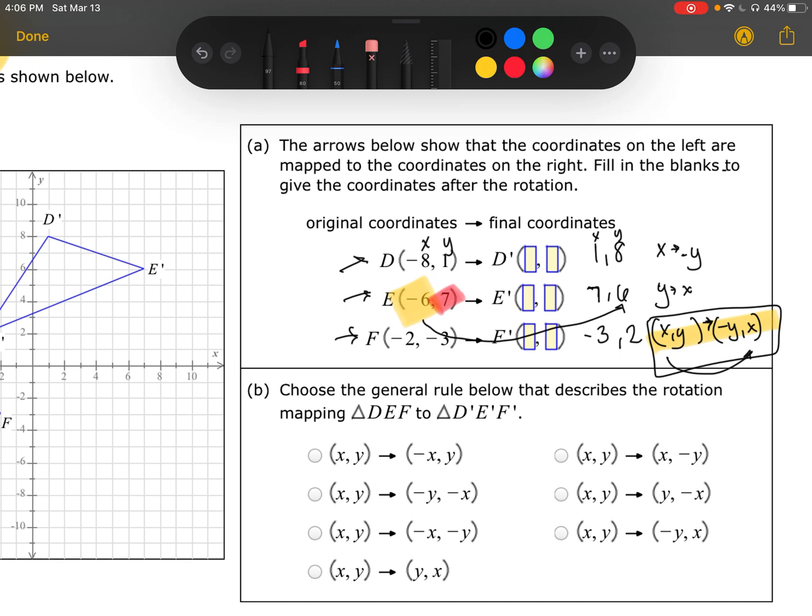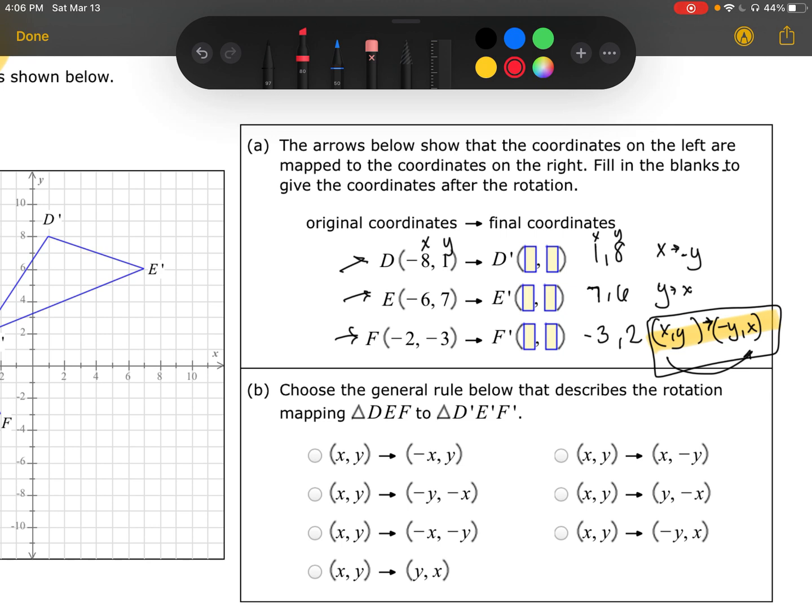And then I have my 7, which is there, and that should just move to the X place. My Y should move to the X. So you see how that works? My negative 6 turned into 6, and my Y moved to the X value place. And then I'm going to check it again with the last one.